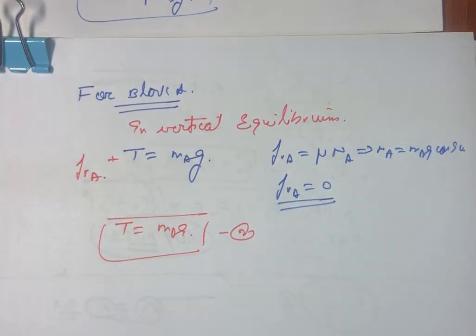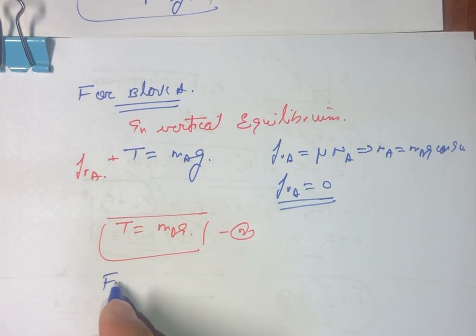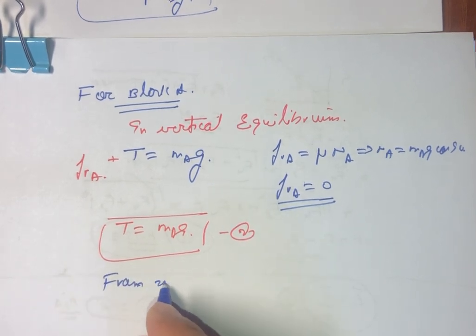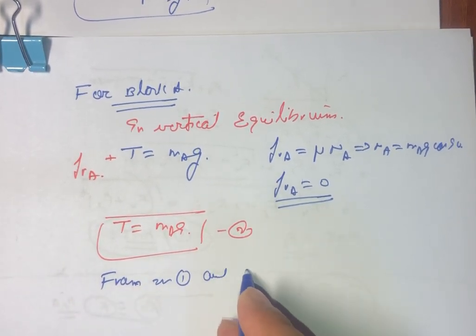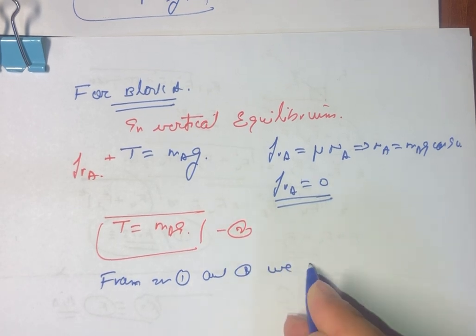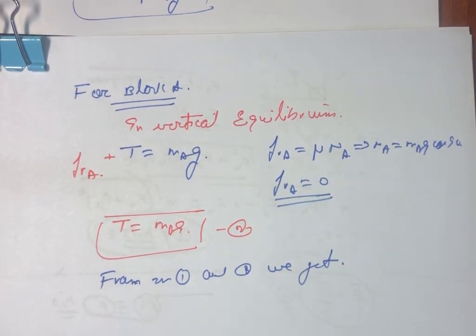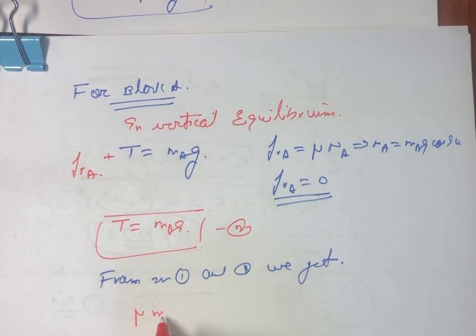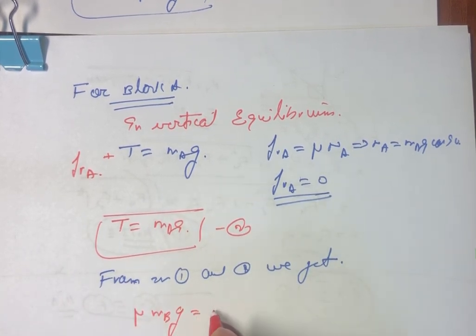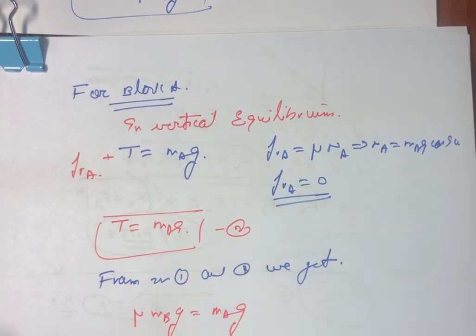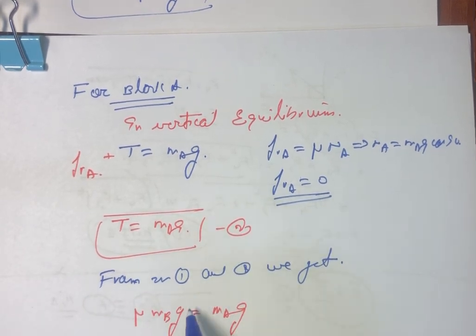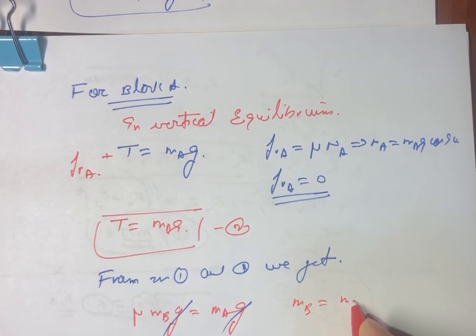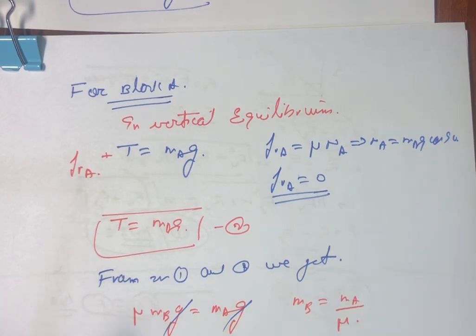Equating equation 1 and 2, we get mu MBG is equal to MAG. Here G and G cancel out, so we can say MB is equal to MA divided by mu.